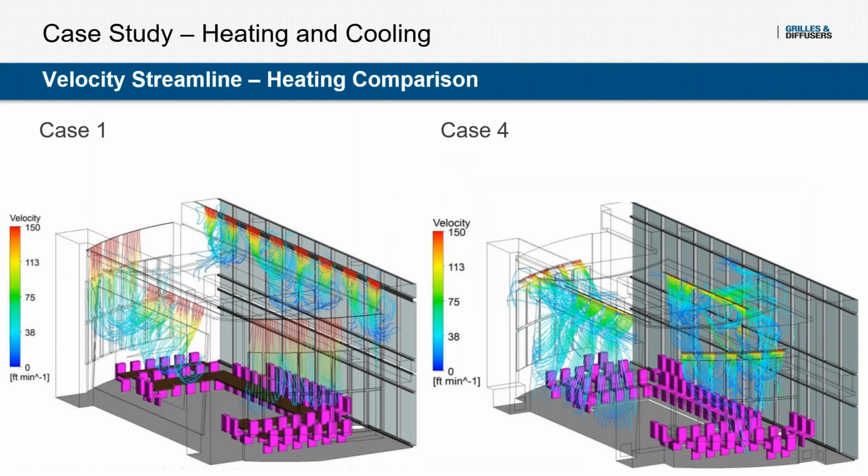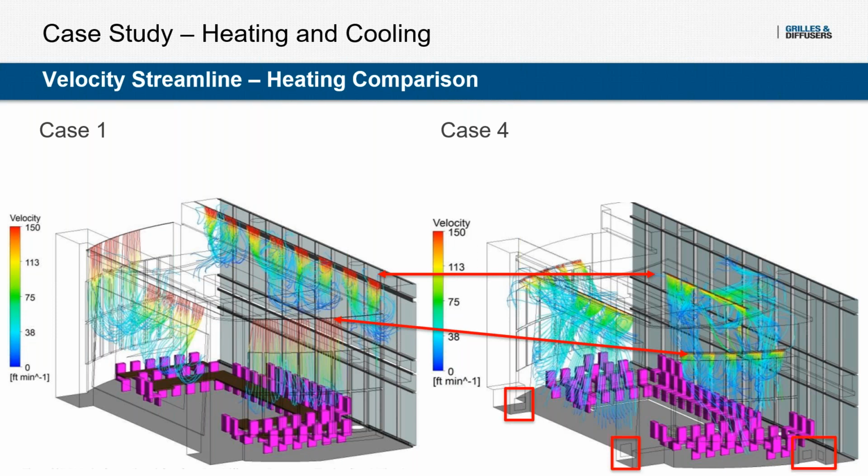So comparing the velocity streamlines between case 1 and case 4, the first thing we can notice is that the diffusers were lowered down. Those hidden diffusers were lowered into that cloud ceiling closer to the occupied zone, so the heated air didn't have as far to travel before hitting that occupied zone. The same can be said with those sidewall diffusers.